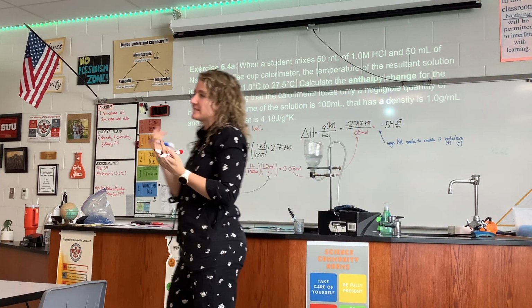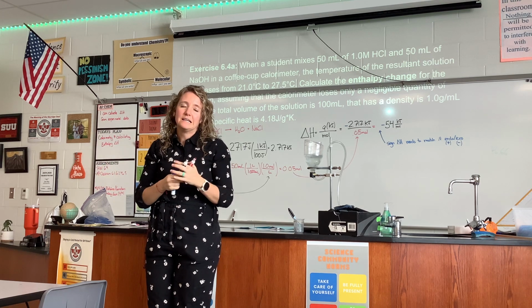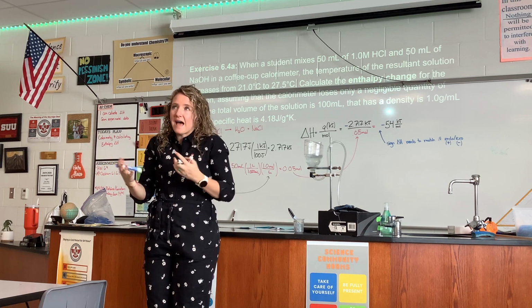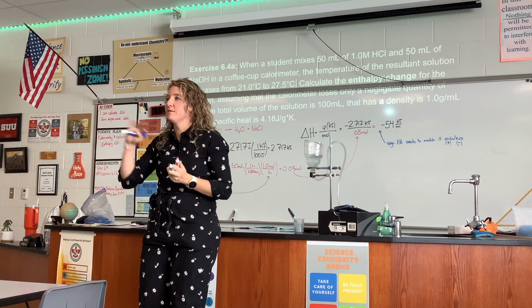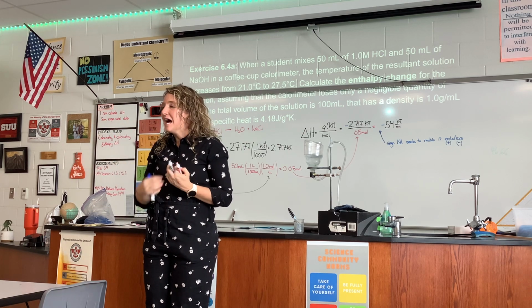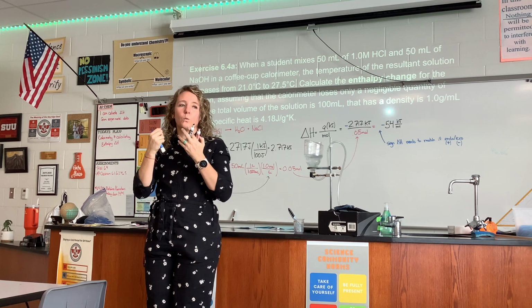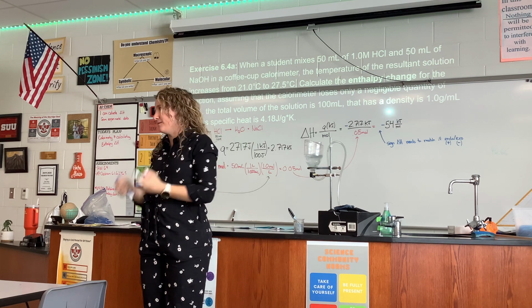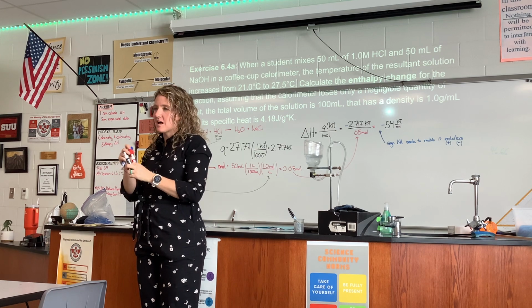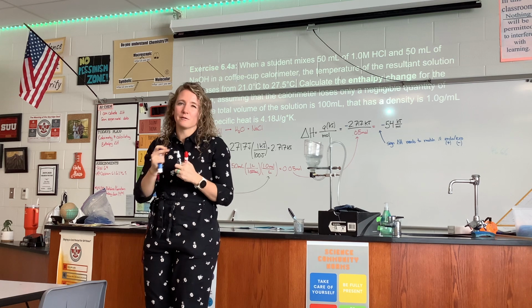There's always a sign flip because of the idea of going from the calorimeter to the reaction. So if you want to remember that, when I get to delta H, I always have to flip the sign. If it's positive, it's going to become negative. If it's negative, it needs to be positive. I prefer just once again to think about it logically of what this should represent and make sure it matches. Because I'm just not a fan of memorizing to flip something without really understanding why.